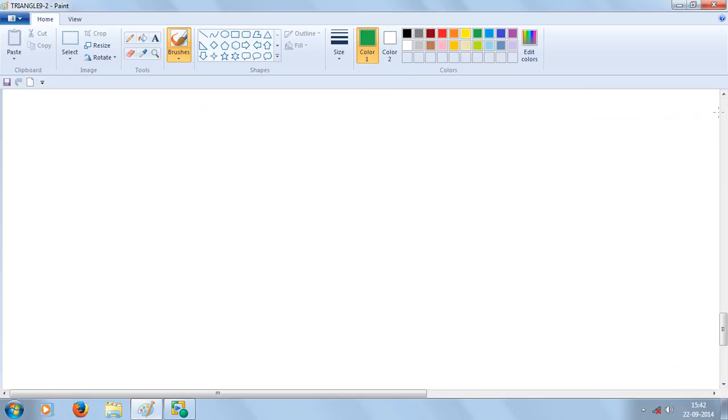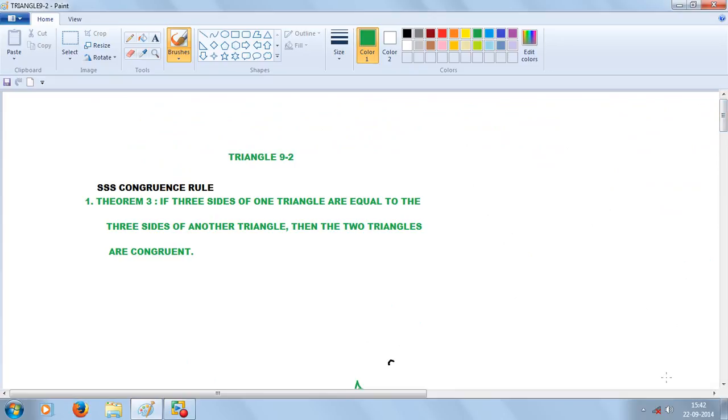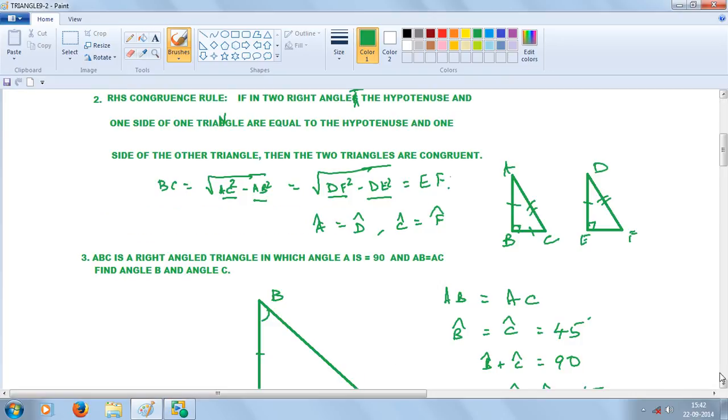So with this we have come to the end of the second chapter. Briefly, we have dealt with SSS congruence. If three sides of one triangle are equal to the three sides of another triangle, then the two triangles are congruent. Next, RHS rule.